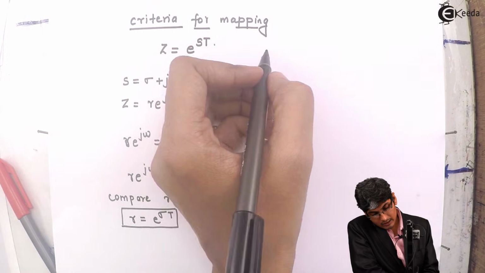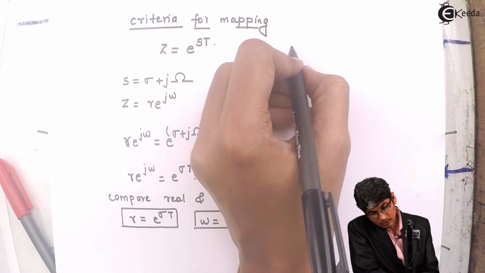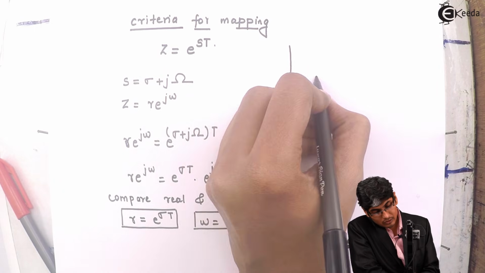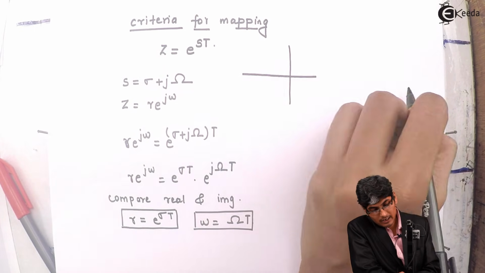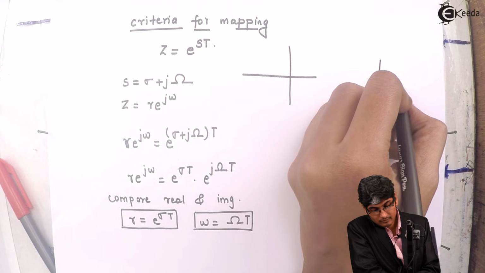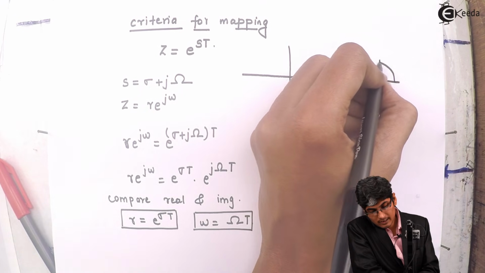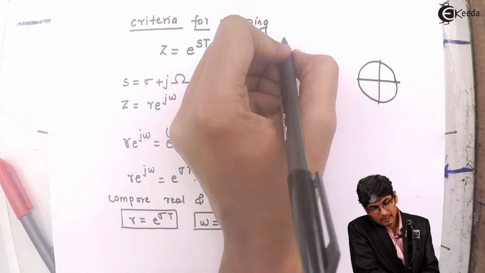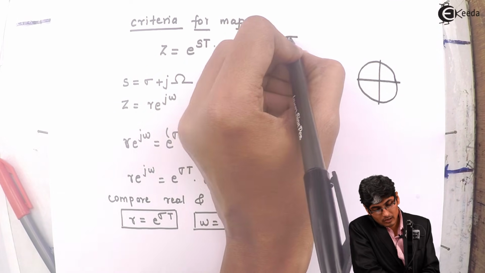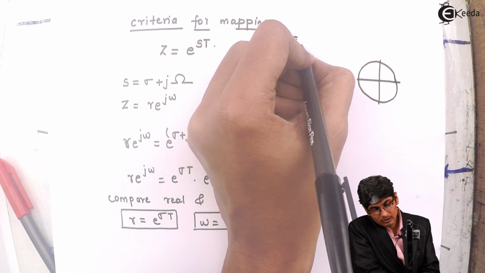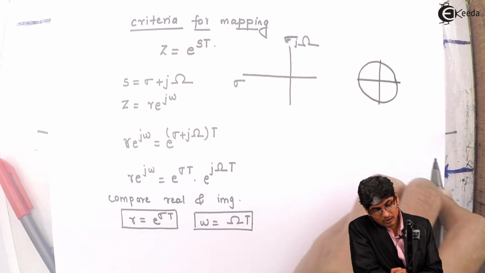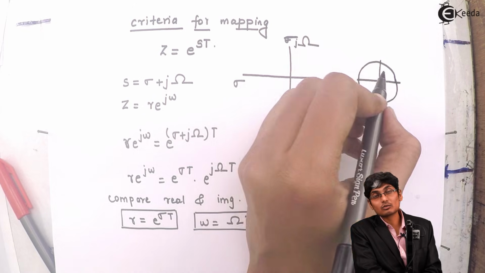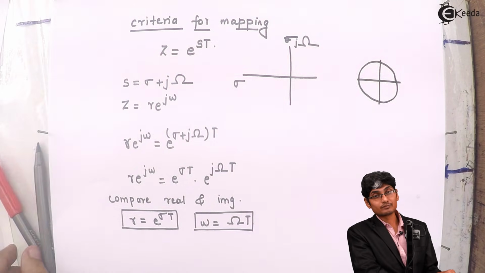Let me draw the s plane and the z plane. In the z plane, I will have a unit circle, whereas in the s plane I will have, I'm extremely sorry, this is j Omega and this is sigma, and this is radius 1 and you have omega.